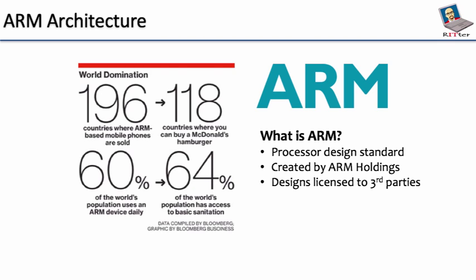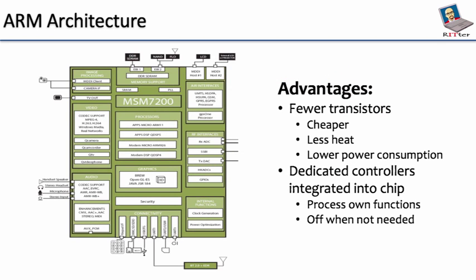The reason being, the thing about the ARM architecture is that it uses a lot fewer transistors. Transistors, if you know anything about electronics, are the way that electricity moves around the system, and they're expensive and they produce a lot of heat. So if you can use fewer transistors, it makes your CPU a lot cheaper to build, and it produces far, far less heat.